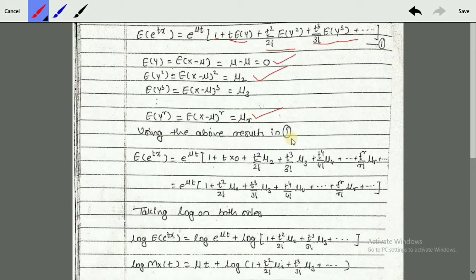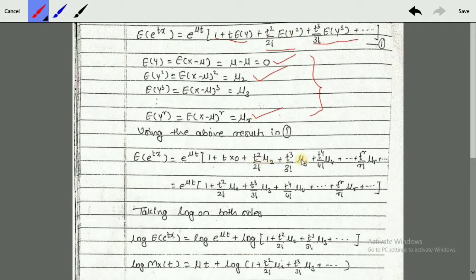Using the above result in 1, all these results we will put into equation 1. So expectation of e raised to tX is equal to e raised to mu t times 1 plus, in place of expectation of Y we'll get 0, so we put here t into 0, plus, in the second term we just put the expectation of Y square, so mu 2.